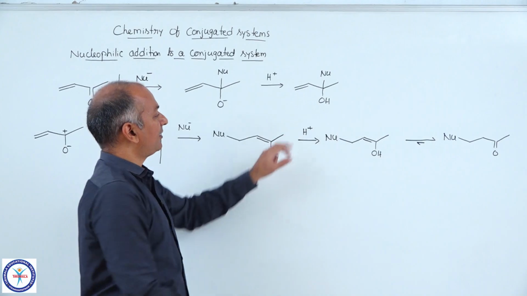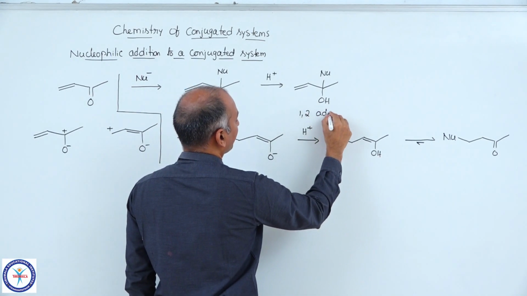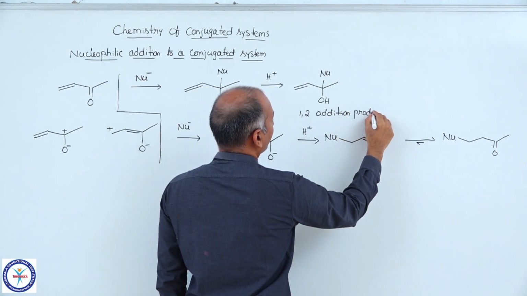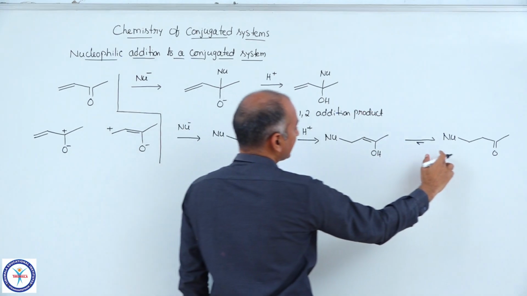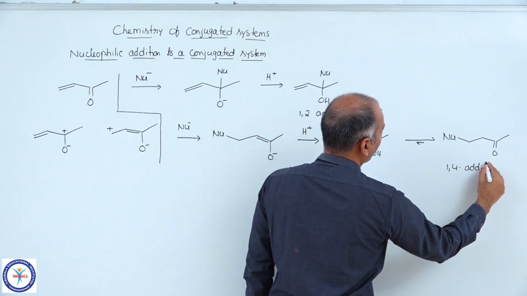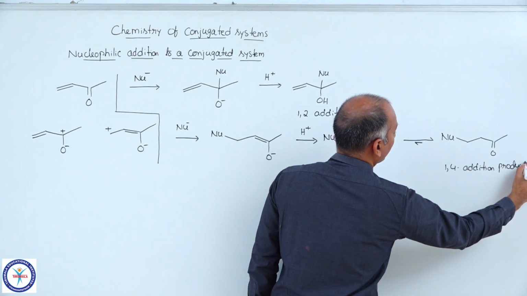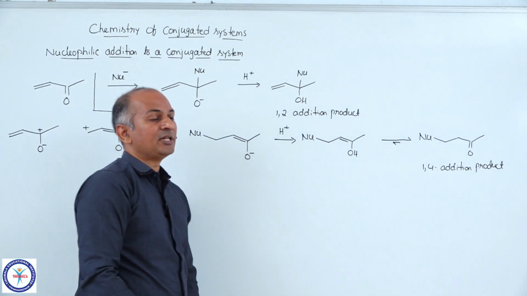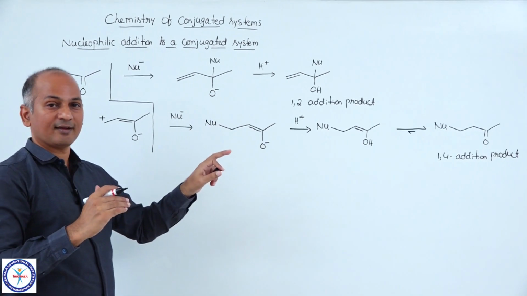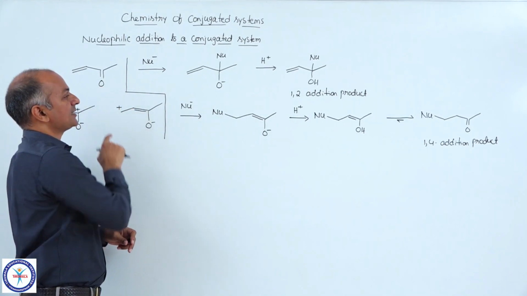Now this is called the 1,2 addition product. And this is called the 1,4 addition product. Actually, in the first path, the nucleophile attacked the second carbon and the electrophile attacked the neighboring oxygen.